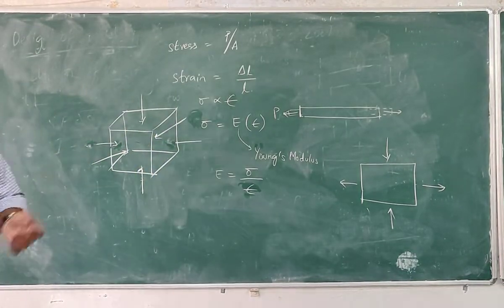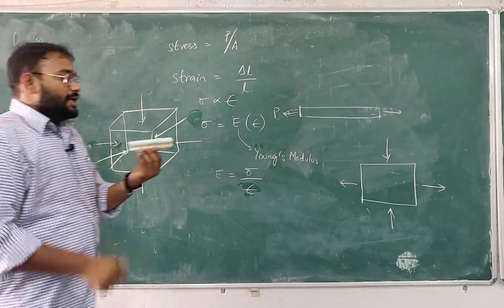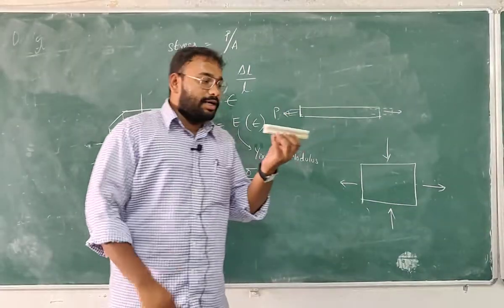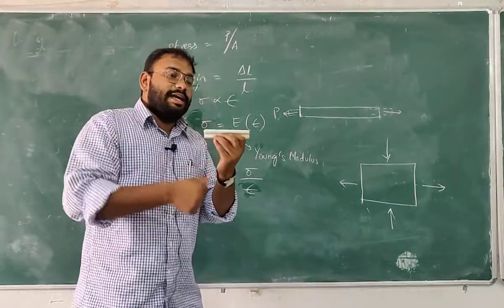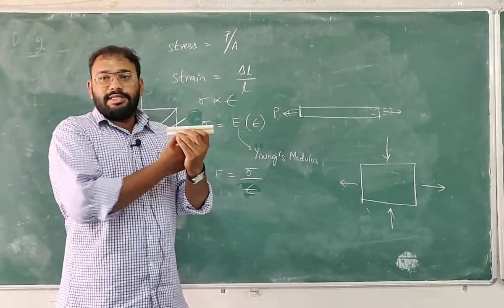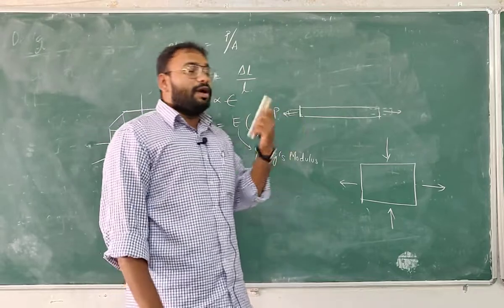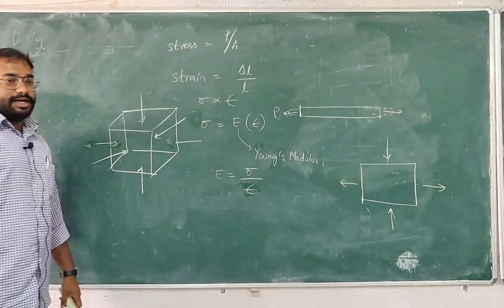Suppose you take a duster, it is a rectangular cuboid. It is subjected to pull in these two directions, y direction as well as z direction. This type of condition is called a three-dimensional stress strain condition.